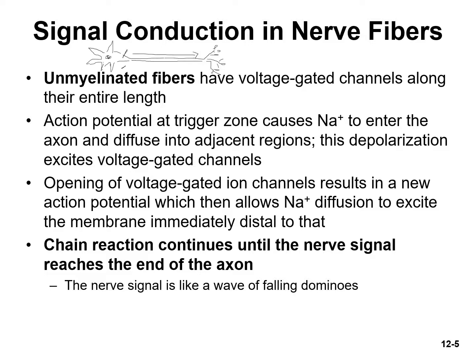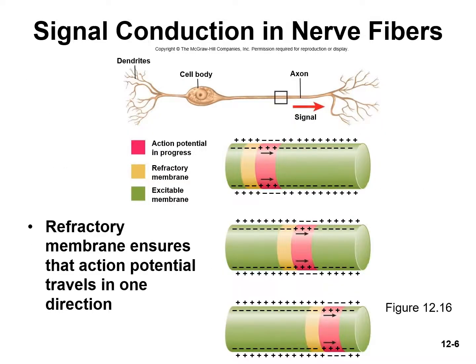So it's basically this chain reaction that just flows unidirectionally from the trigger zone all the way to the end of the terminal, or the end of the axon there. So it's a chain reaction that continues until the nerve signal reaches the end of the axon. You can kind of think of it as if it's a chain of falling dominoes.